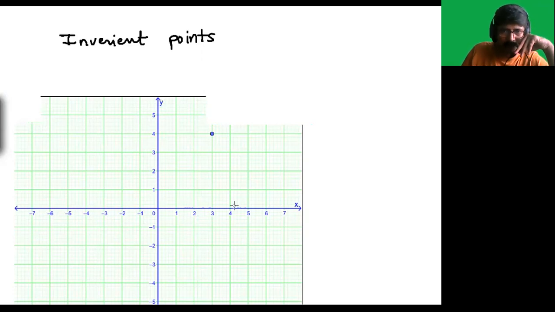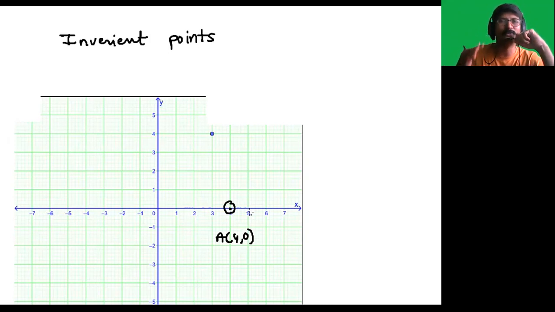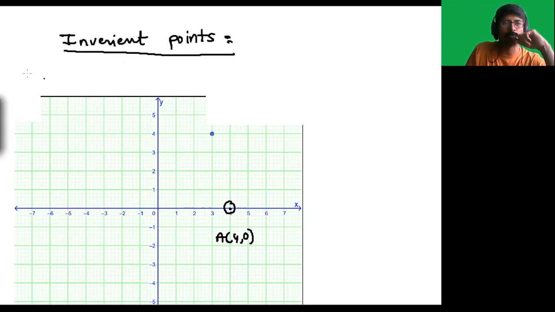Like we have this point, A is 4 comma 0. Try reflecting it under x-axis. When 4 comma 0 reflects under x-axis, it is not going to change because it is on the mirror line. So when a point does not change after reflection, it is called an invariant point. Keep writing in the top margin.